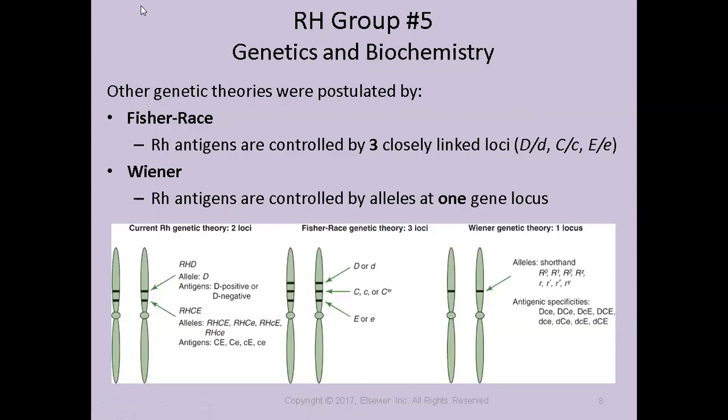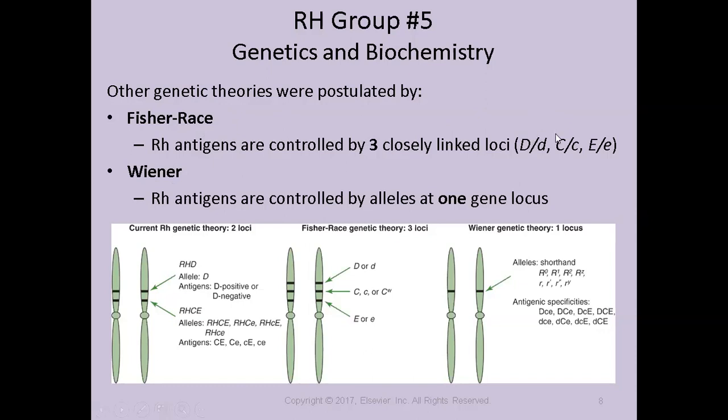So there were some other genetic theories that were postulated through the years, and we're going to review these because it's very important to understand their relationship to the current theory. Two different researchers, Fisher and Race, came together and said that the Rh antigens were actually controlled by 3 closely linked loci.